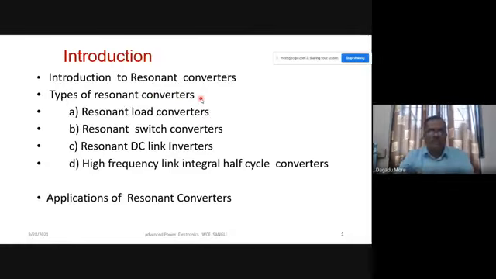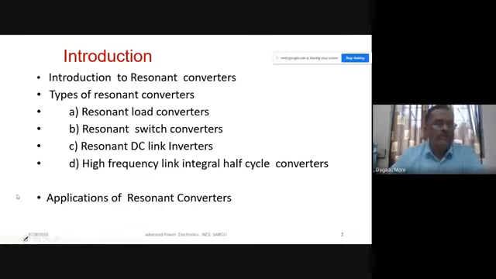And if you see, the word resonant is coming in this, which means we require a resonance circuit. Or you can call it a tank circuit. We have an LC series circuit or maybe an LC parallel circuit that forms part of the converter. So here, particularly, the word resonant comes out.